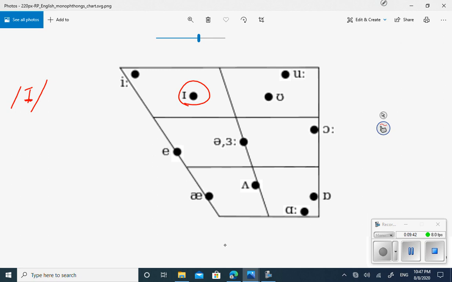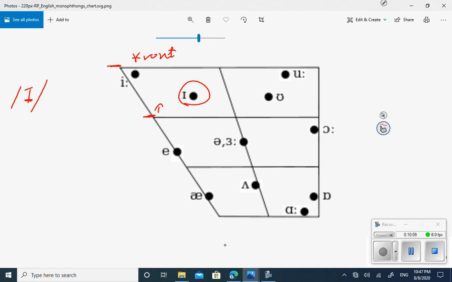Which part of the tongue? Again, it is the front part of the tongue that is active. To which degree is the tongue raised? This is the half close position, this is the close position. So this one is between close and half close position. It's a short vowel and the lips are unrounded.